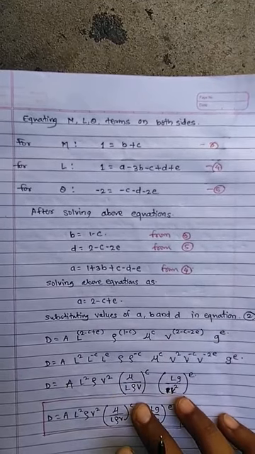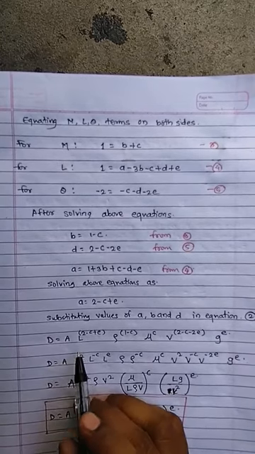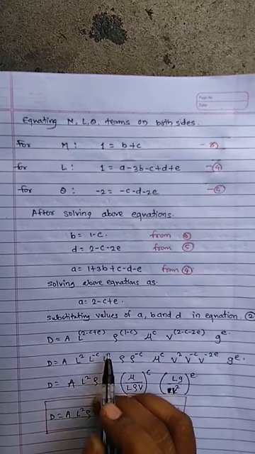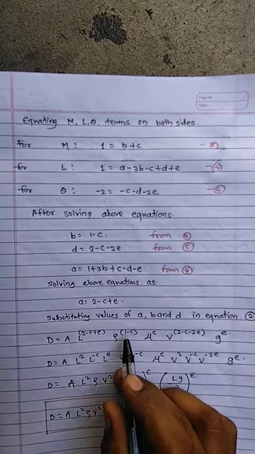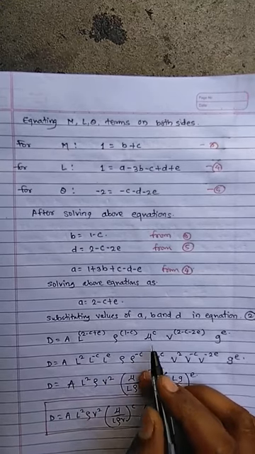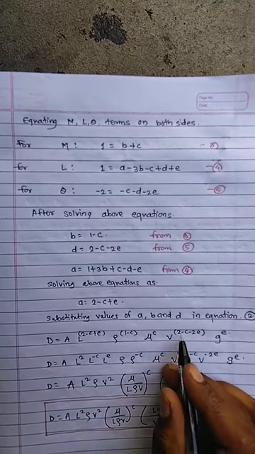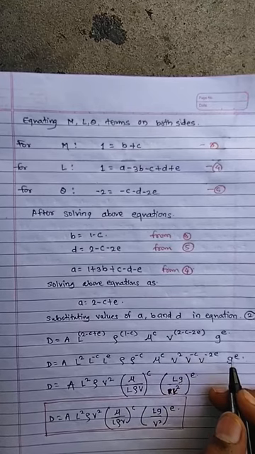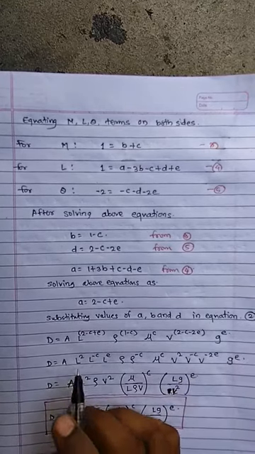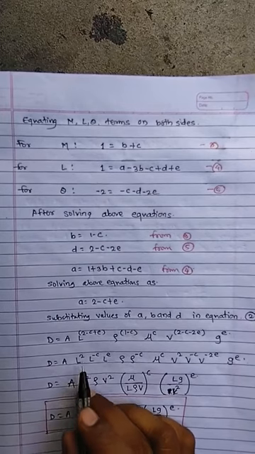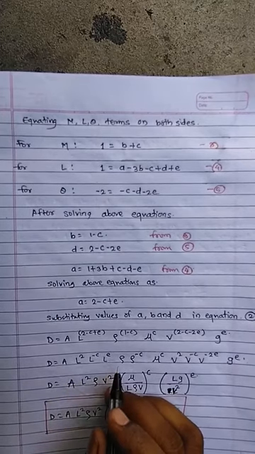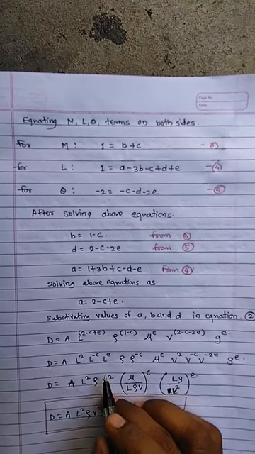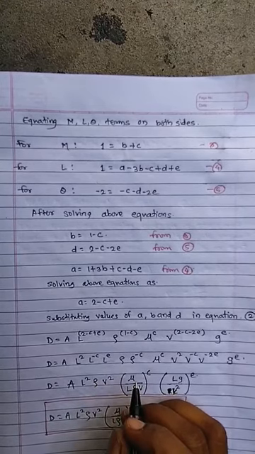Okay, now we'll take L as L square, L raised to minus c, L raised to e, then rho raised to 1, rho raised to minus c, mu raised to c as it is, v square, v raised to minus c, v raised to minus 2e, and g raised to e. So after solving this, D is equal to A L square, then this rho and this v square. Okay, now taking the c terms at one side.